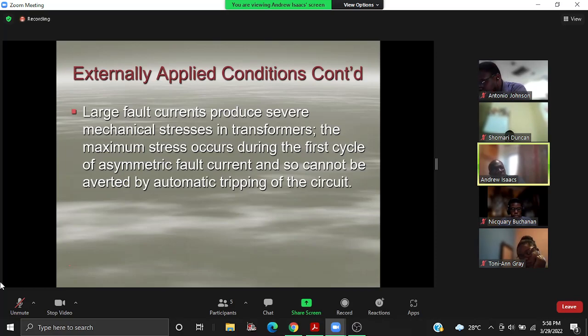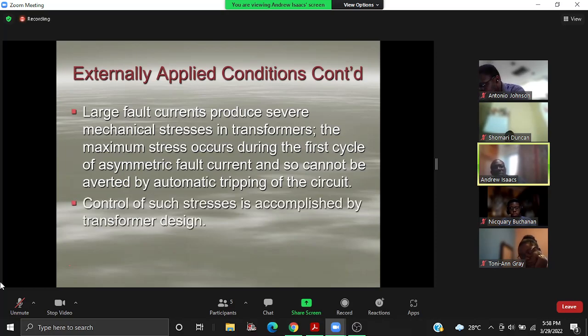So whether you like it or not, and regardless of the speed of operation of your protection system, the transformer will be exposed to high mechanical stresses from these fault currents. That's the point we're making here. So it means that you then have to just manage the stress that it will be exposed to.